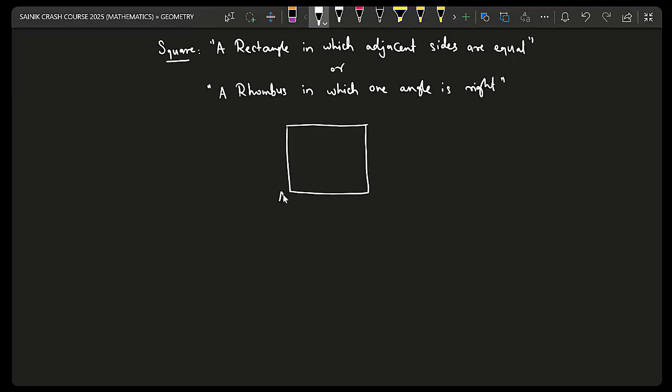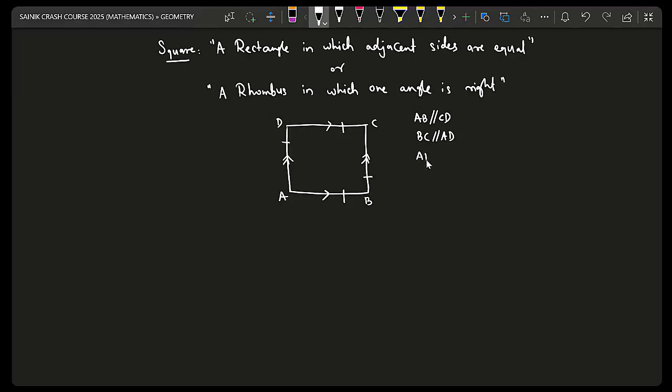So let us say ABCD. First of all, what is observed in the square? We know opposite sides are parallel. So we can say AB is parallel to CD, and also BC is parallel to AD. So opposite sides are parallel. Then we said adjacent sides are equal. That means AB equals BC equals CD equals DA.